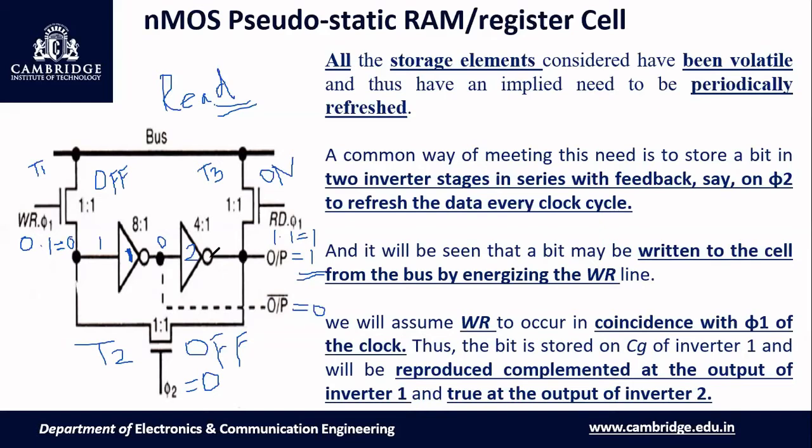So whatever data you have in output, that is at the output of second inverter, will be driven onto the bus. Now bus will be having 1. Understood, no? Like this, we can perform read operation.